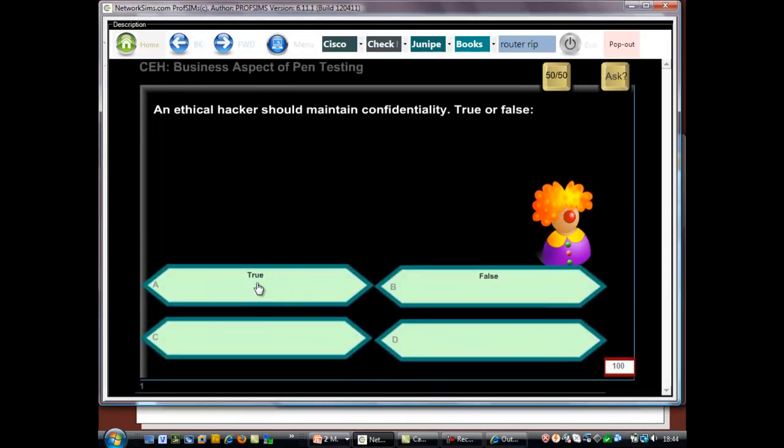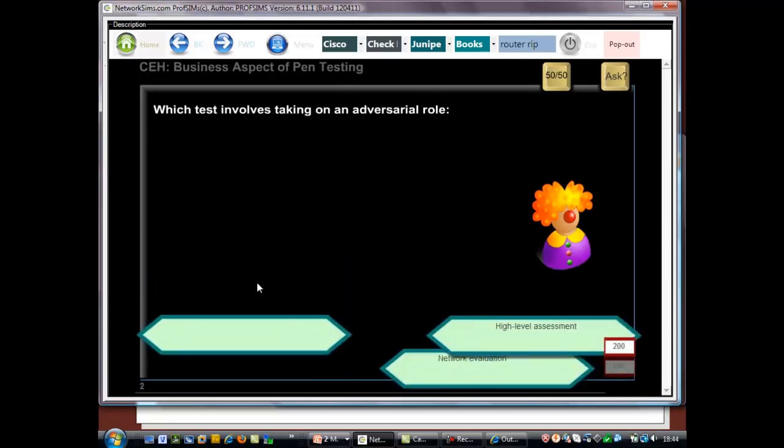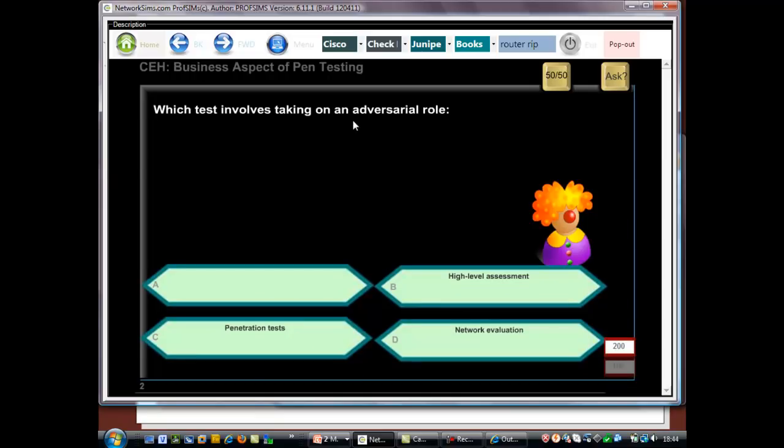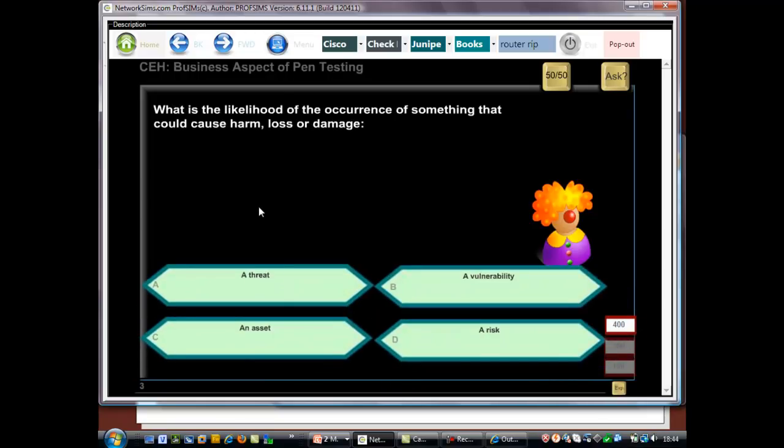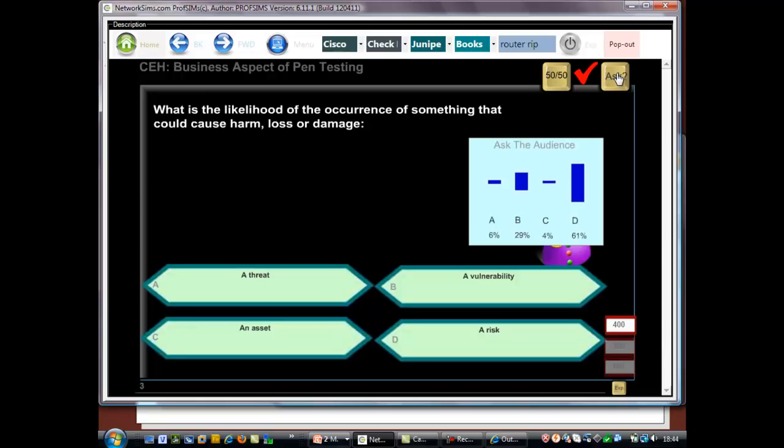Okay, so an ethical hacker should maintain confidentiality. Yes. Which test involves taking an adversarial role? Okay, as we've seen, that was the pen testing. What is the likelihood of the occurrence of something that could cause harm, loss, or damage? Okay, so let's take and ask the audience.